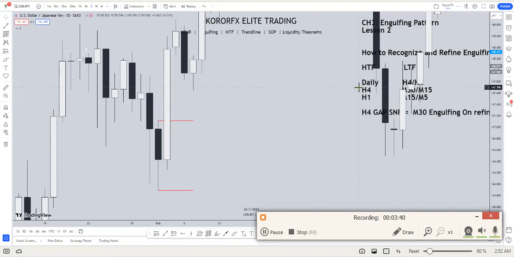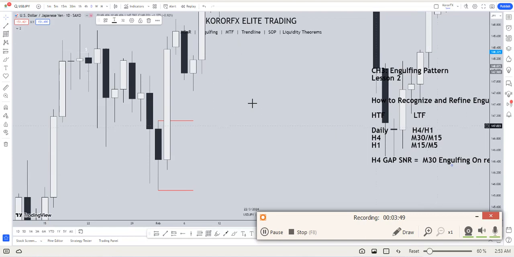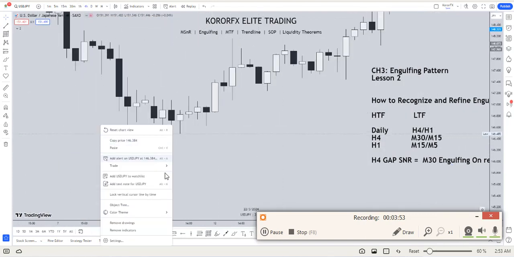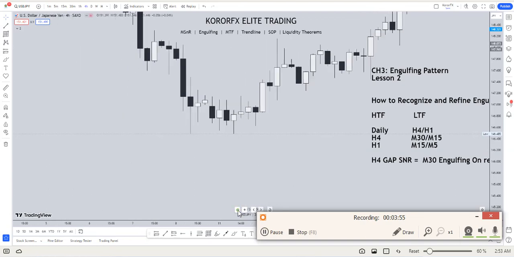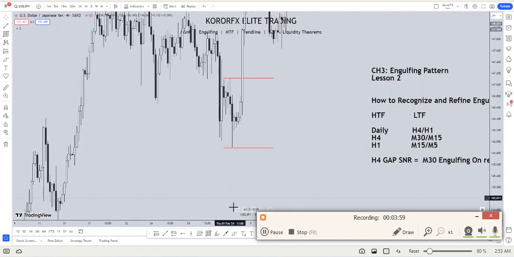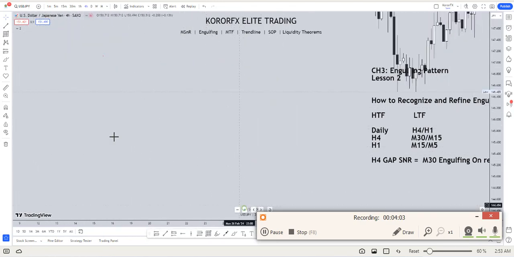When we want to refine it, you can see we are at the daily. So this is a daily engulfing. If we want to refine it, we can go to H4 or H1. For example, if I go to the H4, you can see that there should be another engulfing.